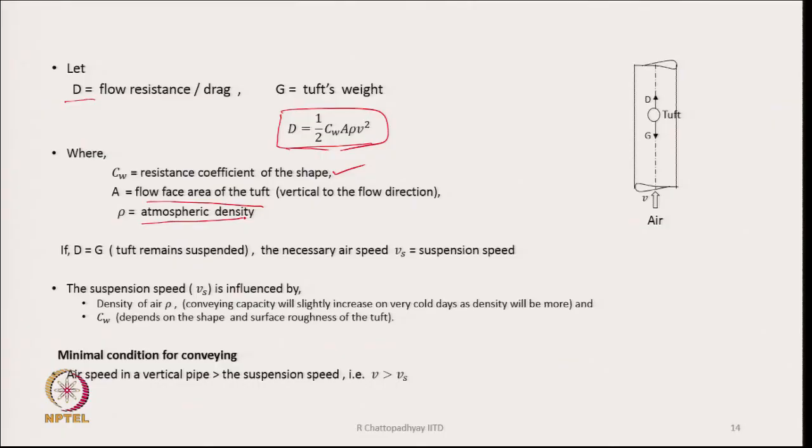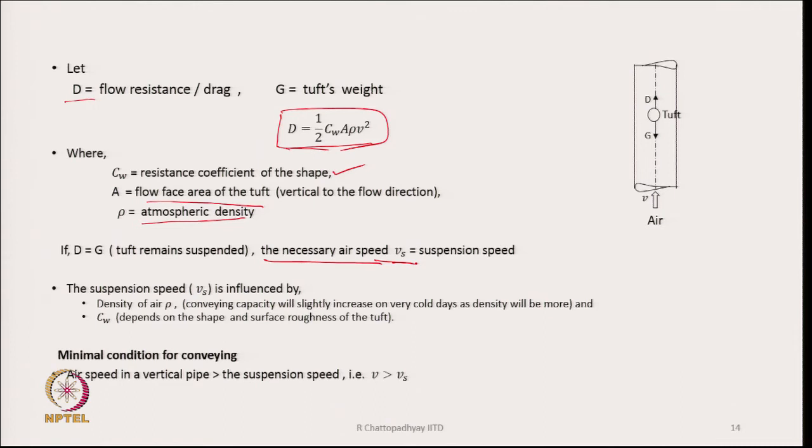So, this formula is very important for us to know: D is half Cw A rho V square. Now, when D and G are equal, the velocity of the air is what we call Vs, and that is the suspension speed. That is, if I apply that velocity of the air, the tuft or the particle will simply remain suspended, it will not move, it will remain suspended at a certain height. So that is called the suspension speed.